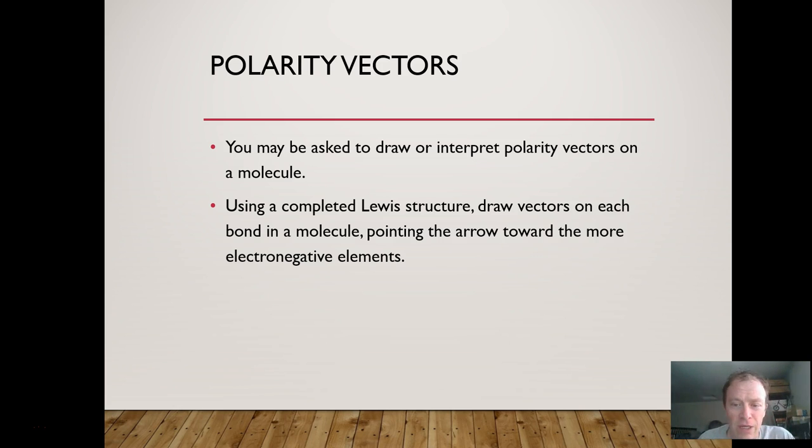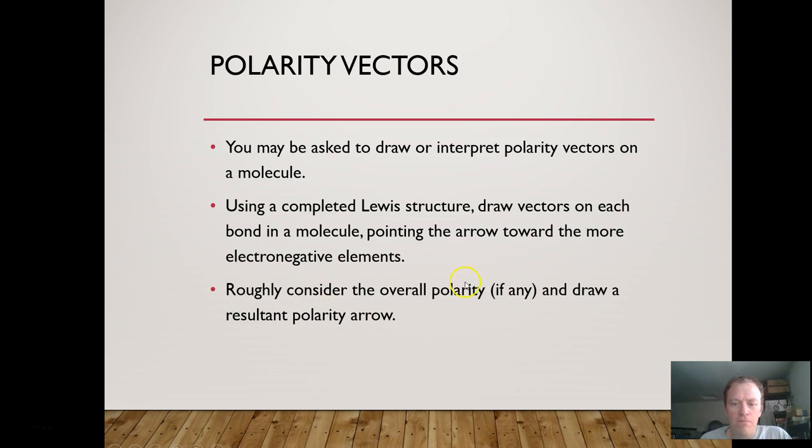Well, we'll look at them again here in a second. But you always remember you want the arrow pointing towards the more electronegative element. And then, just like with those boxes, you want to consider what would the overall polarity be if you summed up all those vectors. And then you could draw the resultant arrow, or you could draw the little partial positive and negative signs and so forth. So I'll show you what I mean here.